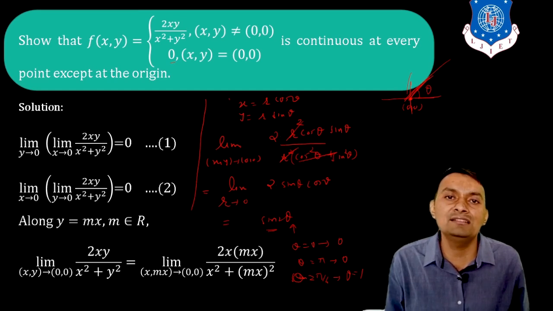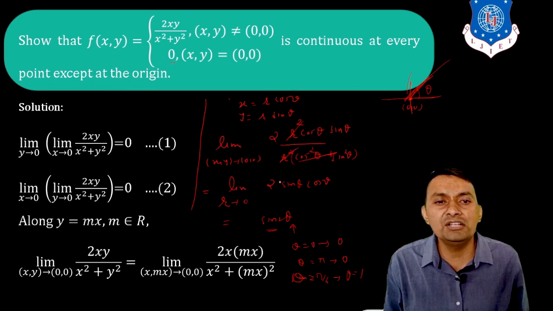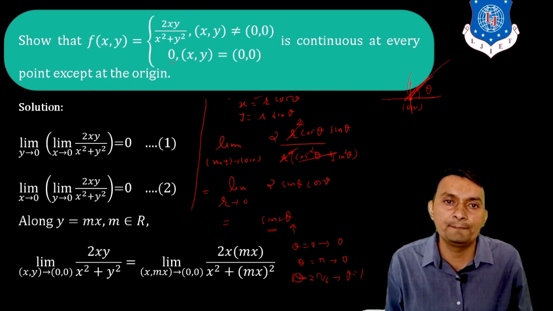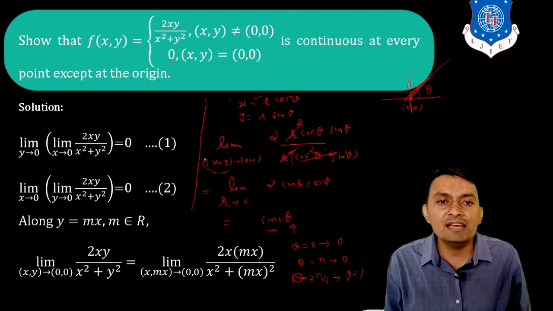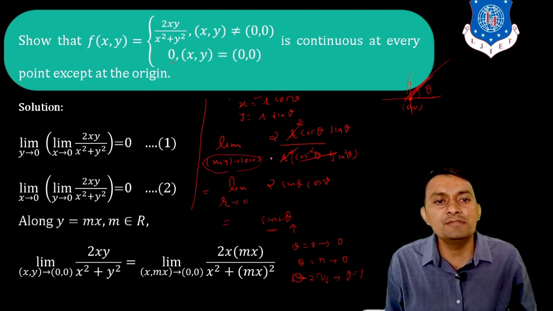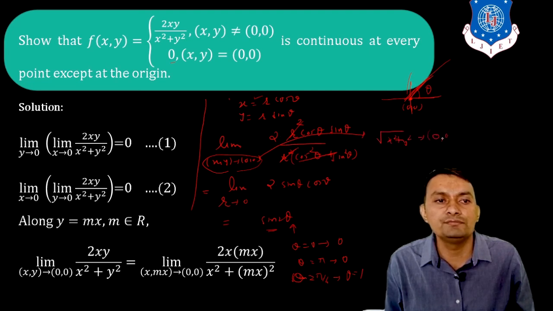This is the second method that you can use to solve. This method will help whenever you consider a complicated function. In that case, you just need to concentrate on x equal to r cos theta and y equal to r sin theta. Also, instead of that, you can write square root of x square plus y square tends to 0, which ultimately is r tends to 0.